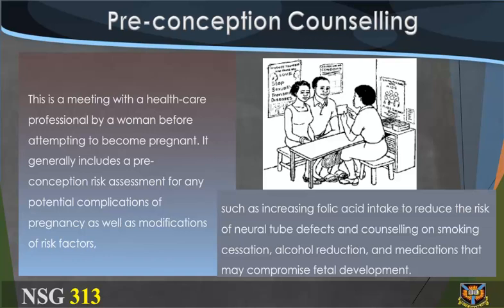It generally includes a preconception risk assessment for any potential complications of pregnancy as well as modification of risk factors such as increasing folic acid intake to reduce the risk of neural tube defects, and counseling on smoking cessation, alcohol reduction, and medications that may compromise fetal development.